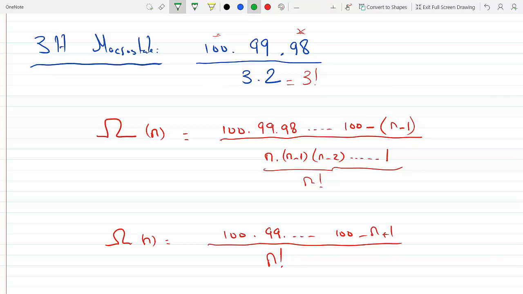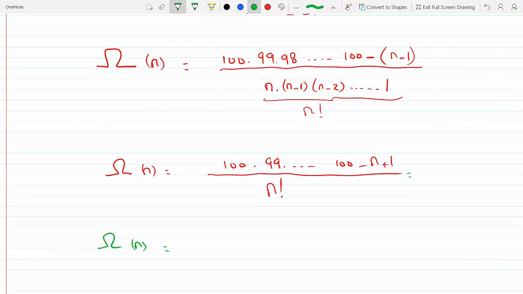And now, to make this look nicer, I know that I'm multiplying here all the way to 100 minus n plus 1.